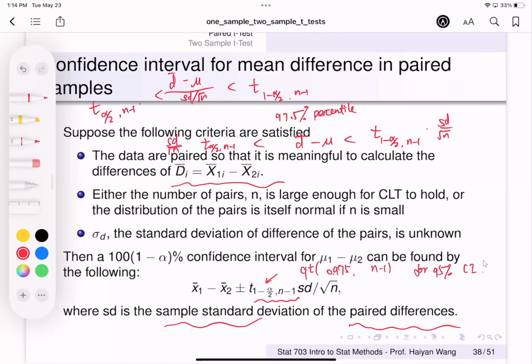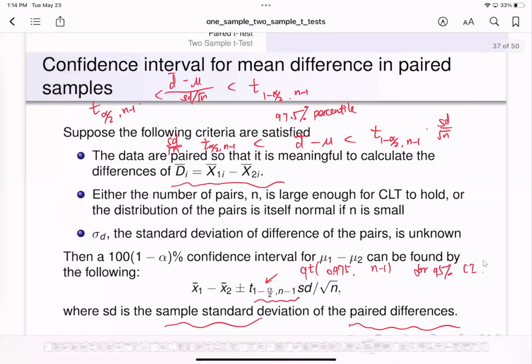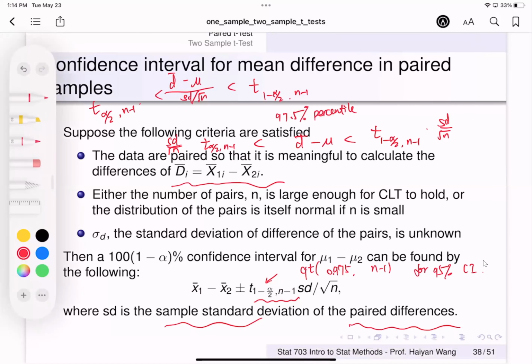I subtract d bar from all three sides of the inequality. What I get is negative mu, less than negative d bar plus the t percentile with n minus 1 degrees of freedom times SD over square root of n, and on the other side, minus d bar plus the other t percentile times SD over square root of n.